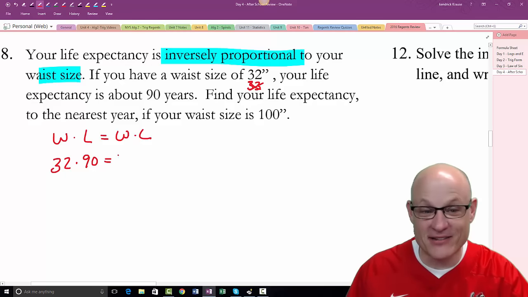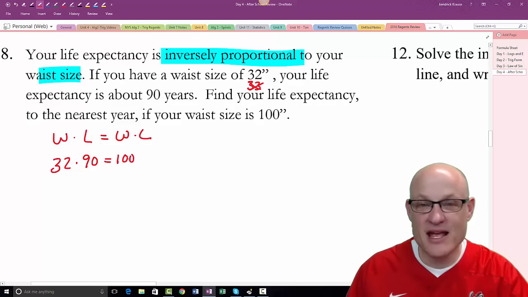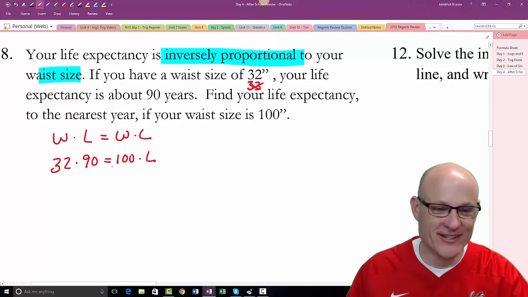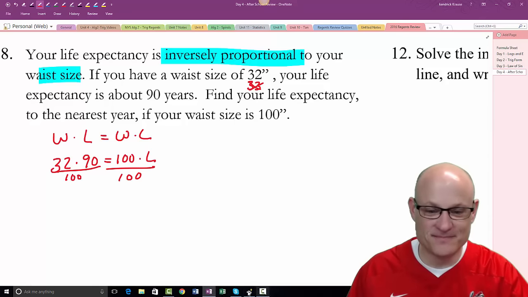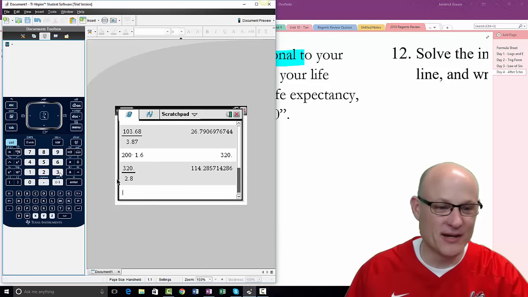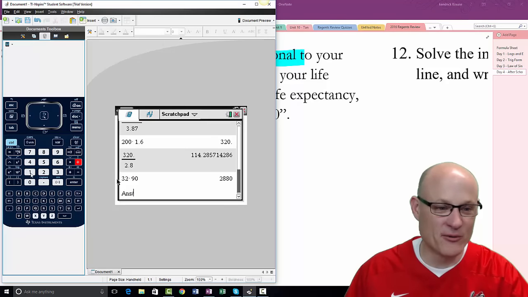If my waist size is 100, that's ginormous. But let's say your waist size is 100. Let's see how long you're going to live. Sorry about this. We're going to divide by 100 and divide by 100. 32 times 90 equals, and then divide by 100.